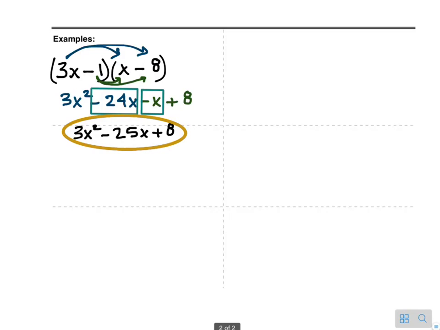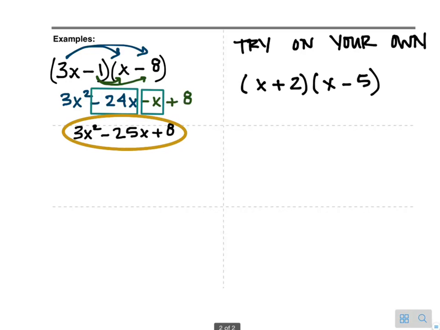Excellent. So taking a look at this, I'd like you to try a couple on your own and then finish another one. So the first try on your own is the binomial x plus 2, right here, and the binomial x minus 5. I'd like you to multiply those using that FOIL method. Again, we're talking about front, outside, inside, last.